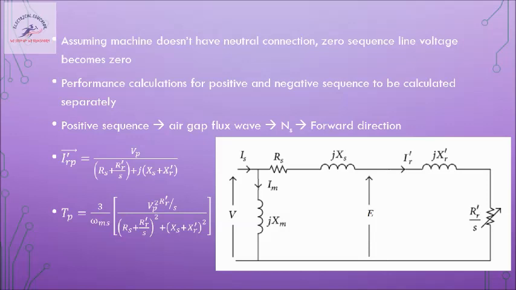So this is how I found out positive sequence current and torque. Next, using the same circuit, let us see the negative sequence components. The negative sequence voltage gives rise to an air gap flux wave rotating at synchronous speed in the reverse direction, because negative sequence components have a reverse phase shift.